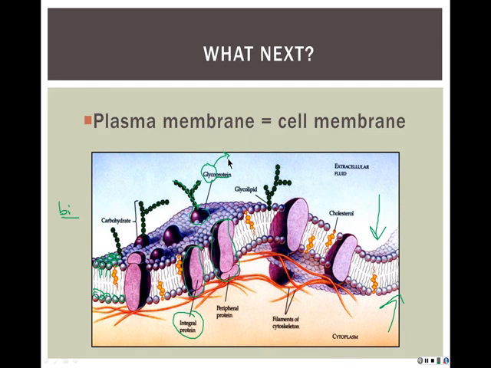These proteins that stick out have the prefix glyco, like glycogen, and that's like sugar. So you can think of our cells as being sugar-coated. Those little sugar coatings are actually our little flags that say, hey, this is what kind of cell I am. But there are all kinds of cool functions of the cell membrane, and that's where we're going to go next.